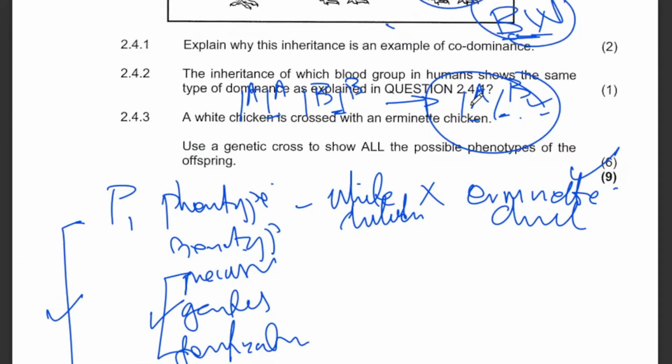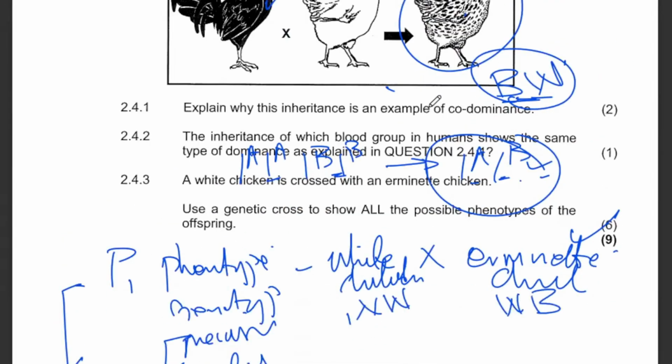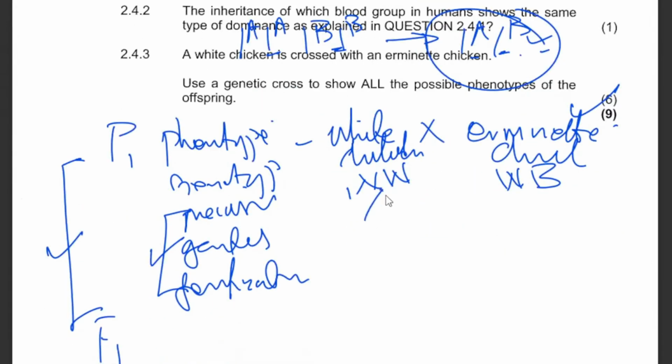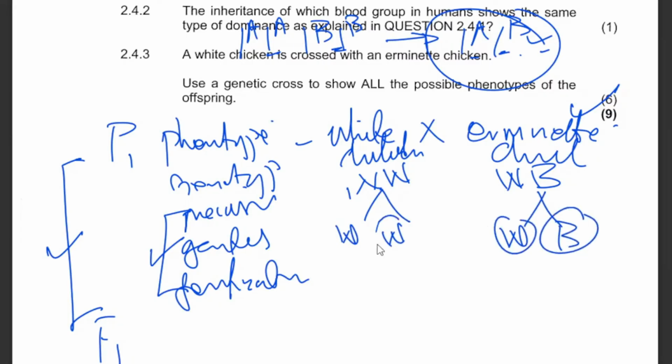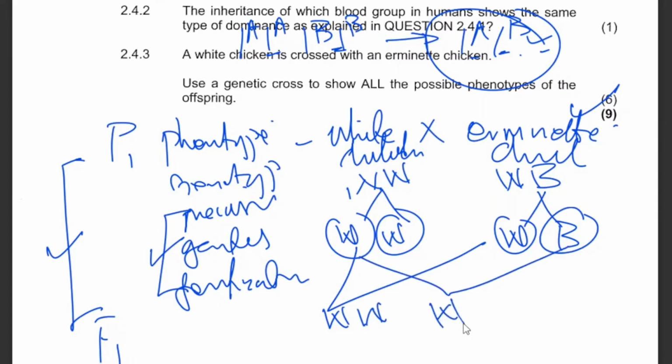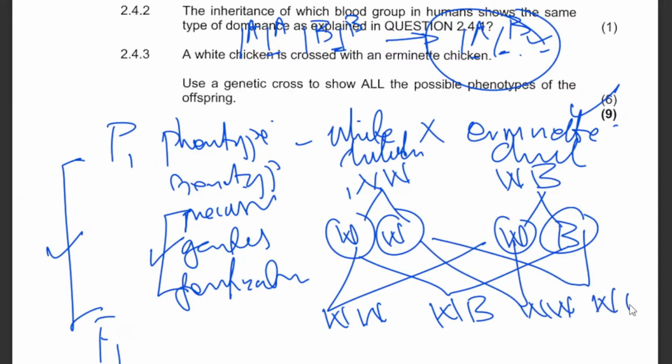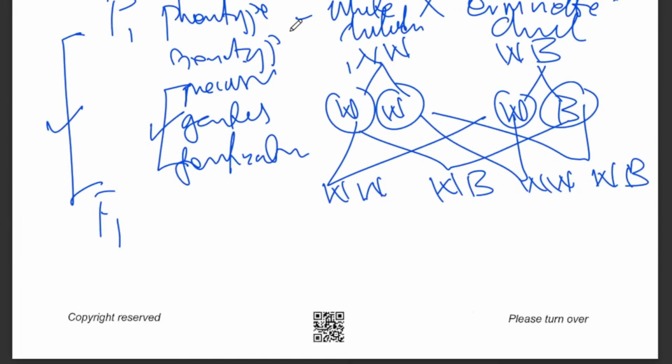So it's going to be capital W, capital W, and erminette is capital W, capital B, because it's a mixture of the two. Then meiosis, gametes: capital W, capital B. Then we cross this with this, you can use the Punnett square, and these are the offspring.